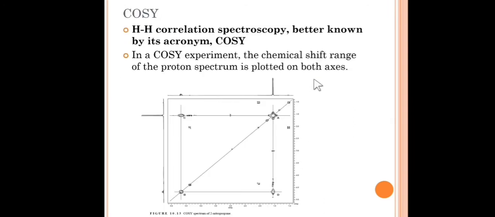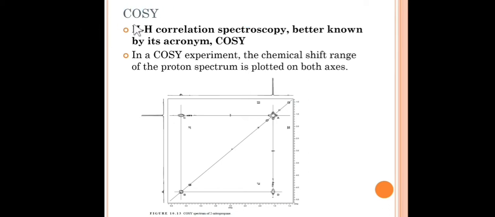So let's see what is meant by COSY. It is a two-dimensional spectroscopy, or simply called correlation spectroscopy. If it is homonuclear, that is between H and H, it is called COSY, and if it is between carbon-13 and hydrogen, then it is called heteronuclear correlation spectroscopy, or HETCOR.